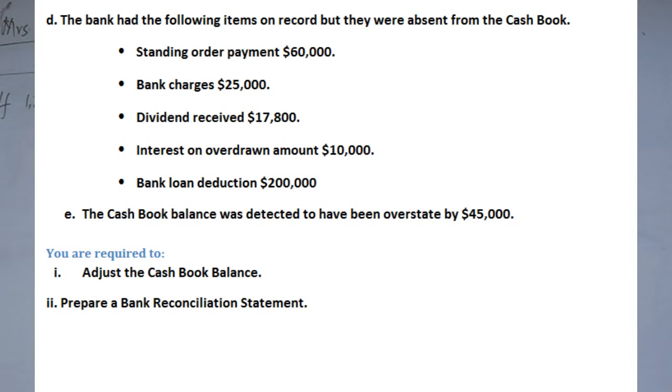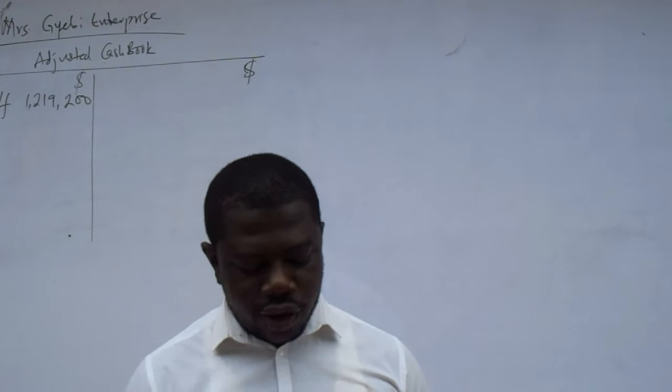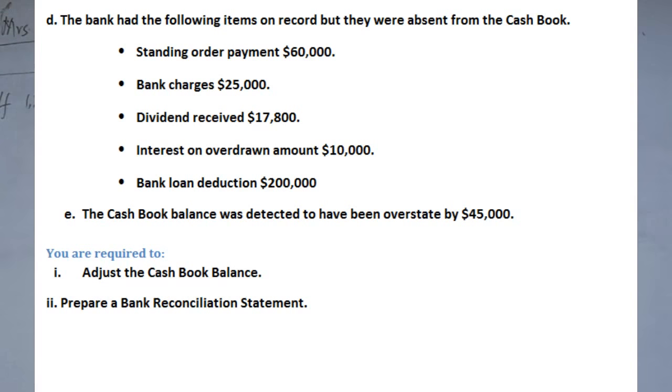Then D, the bank had the following items on record, but they were absent from the cash book. So there is a standing order payment of $60,000, bank charges of $25,000, dividend received of $17,800, interest on overdrawn account of $10,000, and finally a bank loan deduction of $200,000.